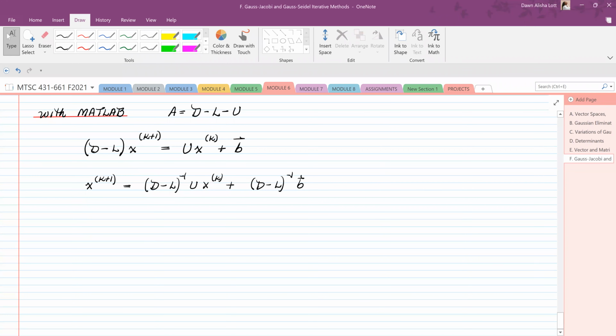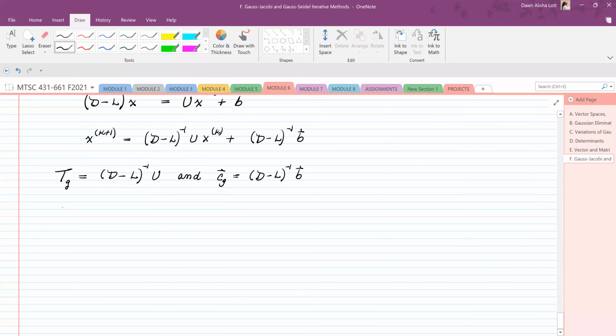Okay, so now we're going to let T, I'm going to put G so you know that stands for Gauss, equal (D minus L) inverse times U. And we're going to let C, Gauss, be (D minus L) inverse b.